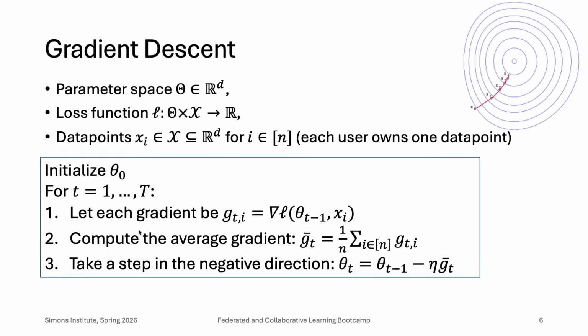So gradient descent goes like this. You initialize your parameter with theta 0, and you repeat the following steps. First, you get the gradient of the loss on the previous parameter and on each person's data point. You compute the average of the gradients, and you take a step in the negative direction of that average with an eta scale. Okay. Standard gradient descent.